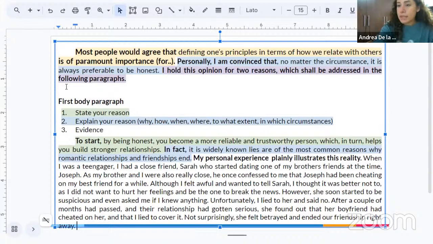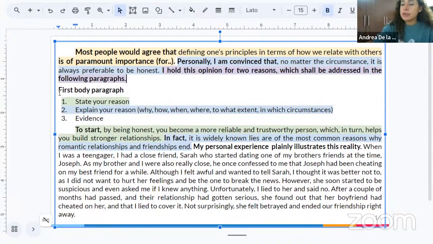Okay? So basically, that's it. What I'm saying is, I'm illustrating what I just said in the reason, right? Lies are one of the reasons why relationships end, why relationships fail. And I am giving an example of that. And that's the example.